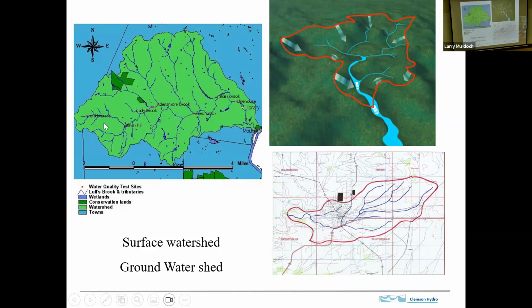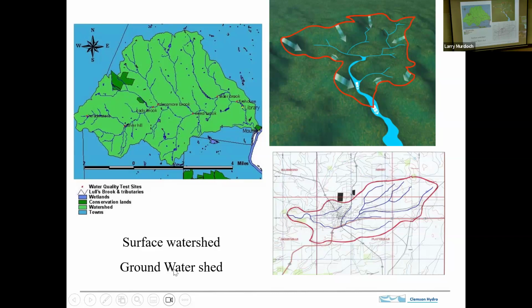So there's a ridge right here, and if you took a beach ball and put it on one side of that line, it would flow. You put it on the green side, it would roll down, get into one of these streams, and go past that point. So this point is really what's defining this watershed. Any beach ball in this area would roll past that point. And here are some other depictions of it. So that's a surface watershed.